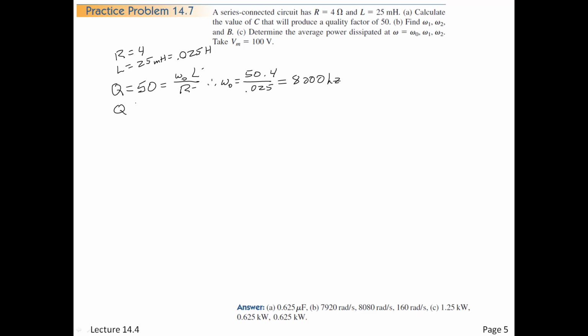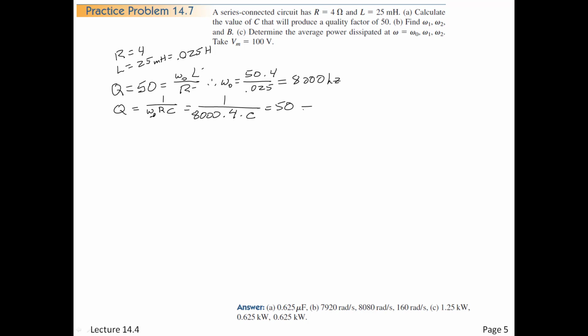Okay? All right, now we can go back to our Q again and calculate it in terms of C, but now we know, right, it's 1 over omega 0 RC. We needed to get this in order to solve it. So this is equal to 1 over 8,000 times 4 times C. And that's equal to 50.